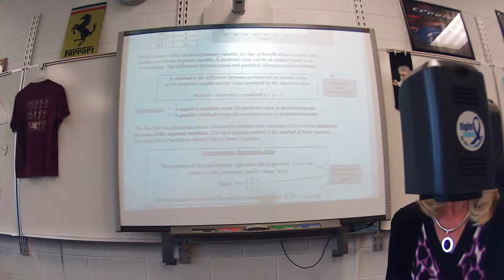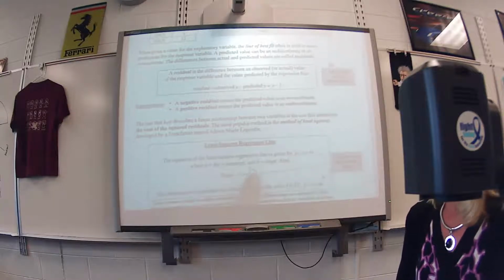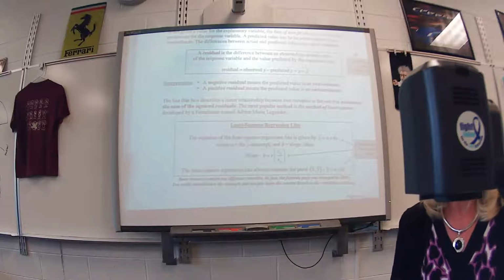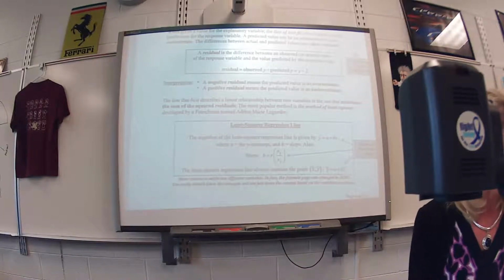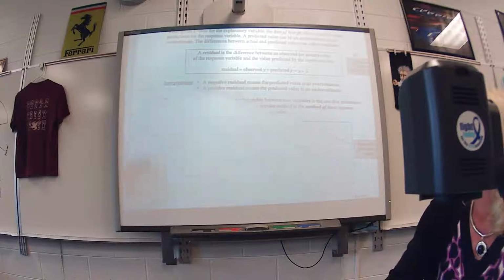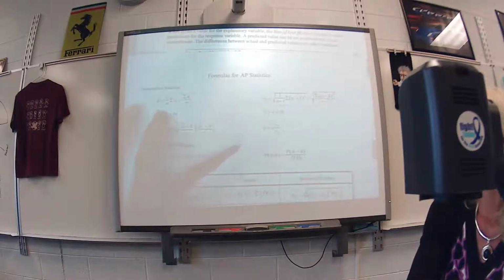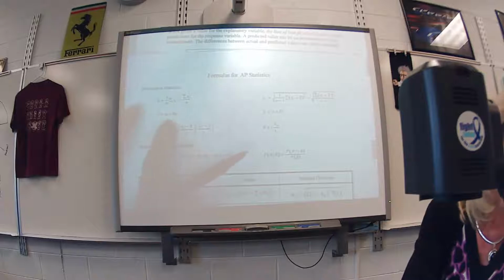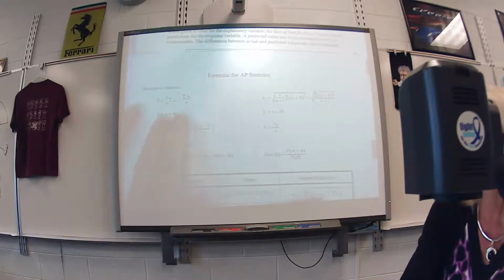All right, so these were the 3 formulas that I pointed out to you. They are on your formula page, so you'll be able to reference those. I remind you again on the equations. This is nothing more than your normal y equals mx plus b, but they reverse.